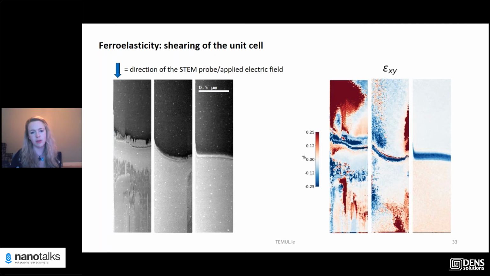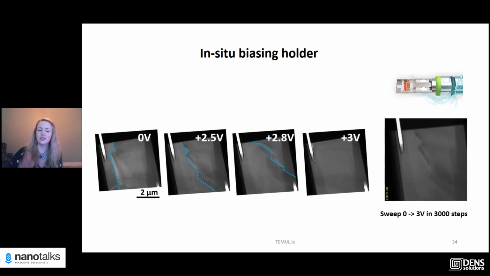And then, as you can see from the last frame, each of those domains has a clear EXY measurement, and also at the wall, relative to the first two frames where it's a bit chaotic. But it's very important to understand that, because otherwise we wouldn't be able to apply that back to the ferroelectricity. Okay, so that's really great.